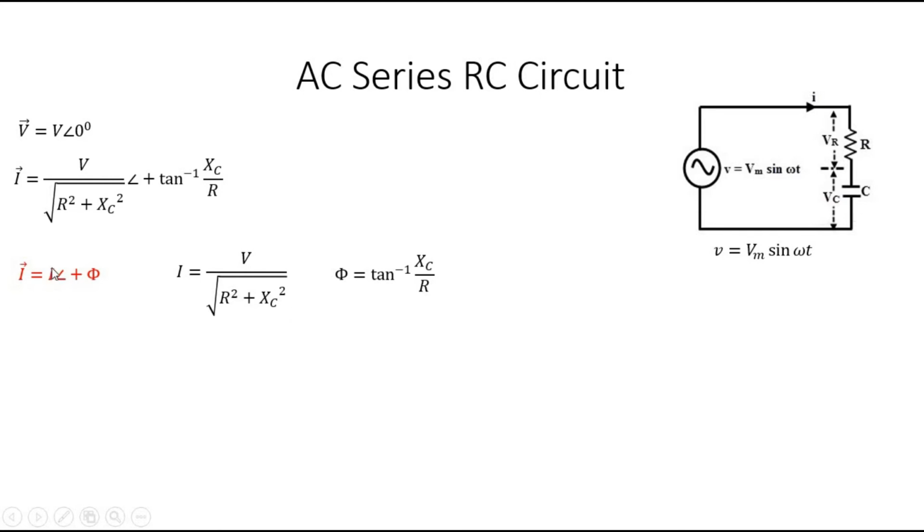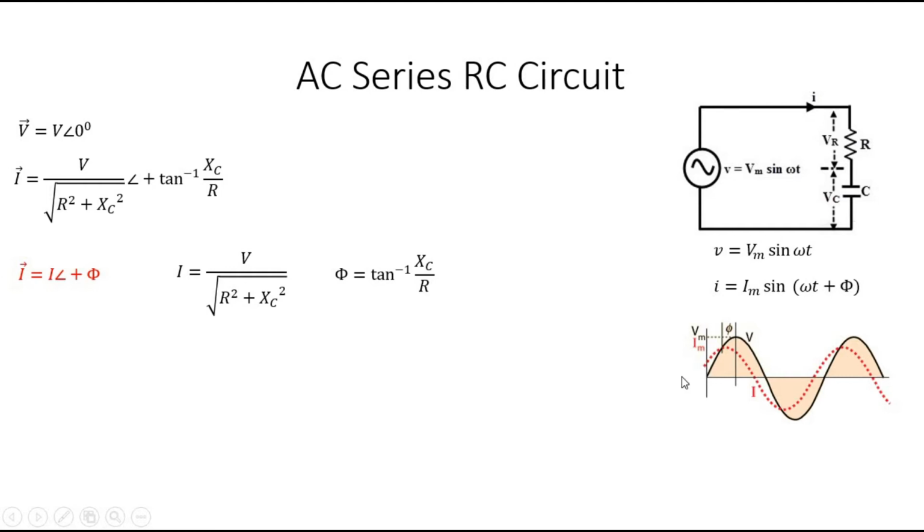Now we can write the current equation: i is equal to Im sin(omega t plus phi), where Im is the maximum value and I is the RMS value, so Im is I into root 2, and it is plus phi here. So we can now draw the waveform. Here the current is leading the voltage by phi, so it starts phi degrees earlier than the voltage.